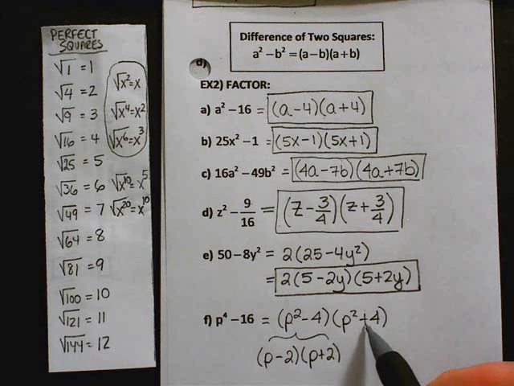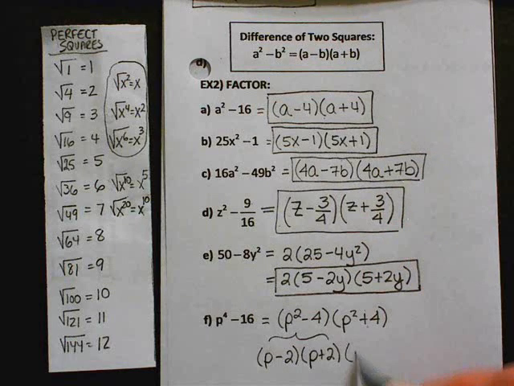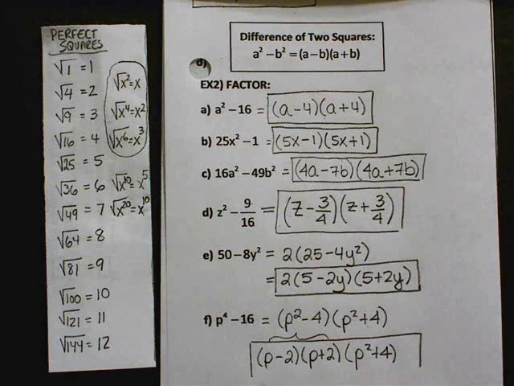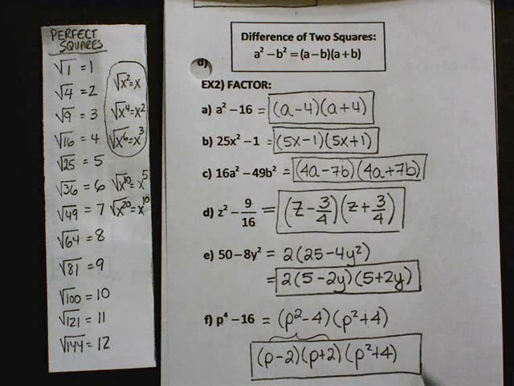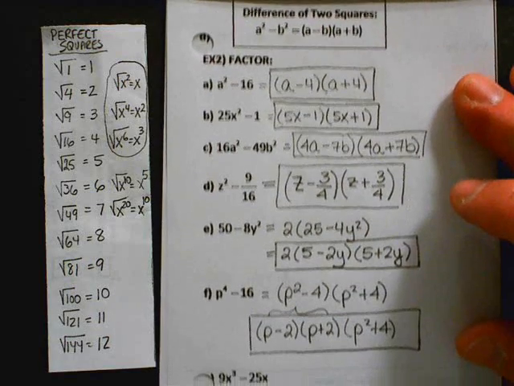Now this second parenthesis, I cannot use the rule because this is a plus. The rule only applies if I have a negative. So basically all I can do here is copy. But this will be then my factorization. Alright, let's continue and move on to the next problem.